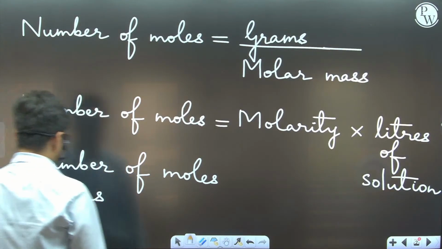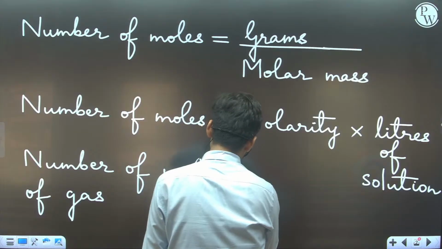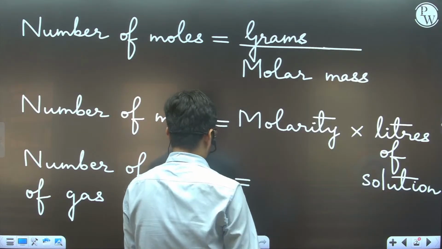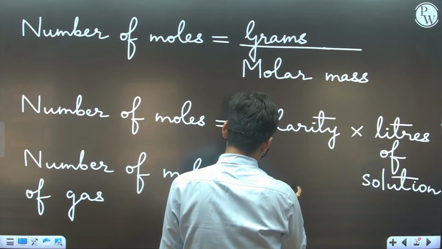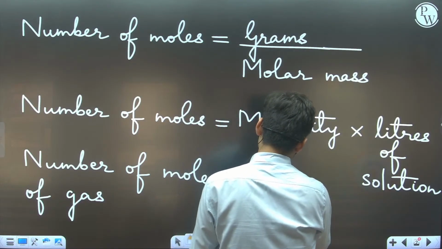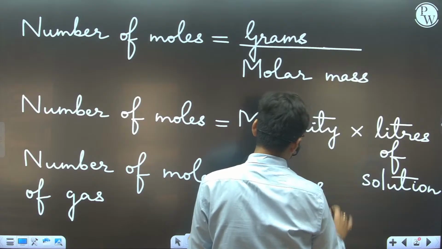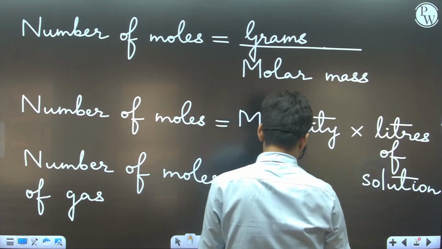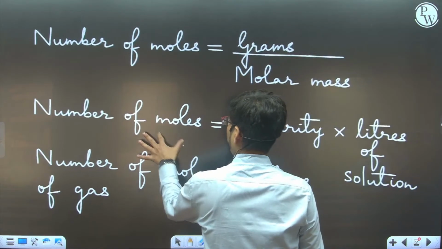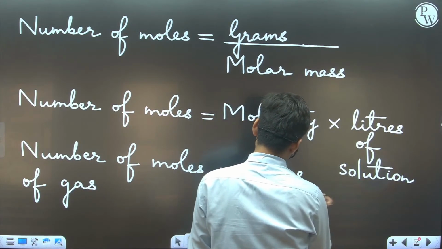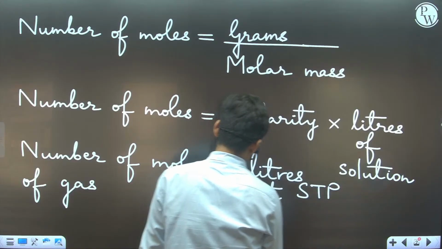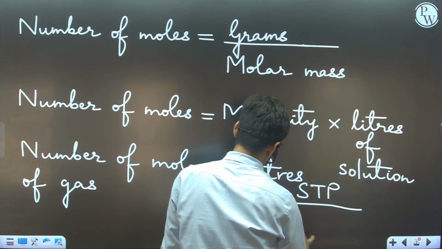Number of moles of gas is equal to the volume in liters at STP upon 22.4.